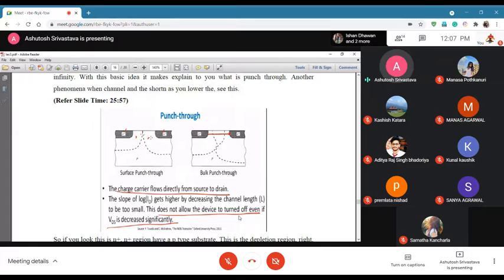So here you can see that it is happening close to the insulator semiconductor surface, the meeting point of the two depletion regions, or you can see it far away from the insulator semiconductor interface.